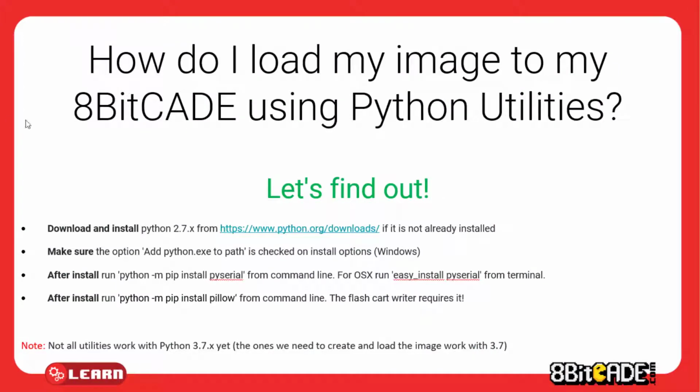Okay, so now that you've downloaded and installed Python 2.7 and you made sure that your add python.exe to path was checked, we now need to run the command line, and we need to ensure that we install PySerial and Pillow. The reason we need these two is for the flashcart writer.